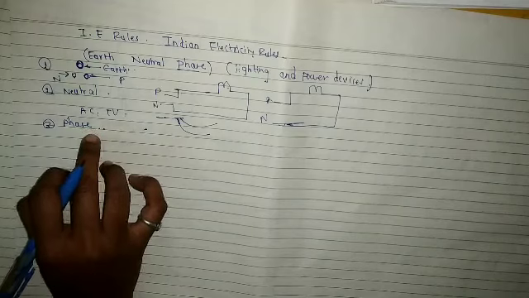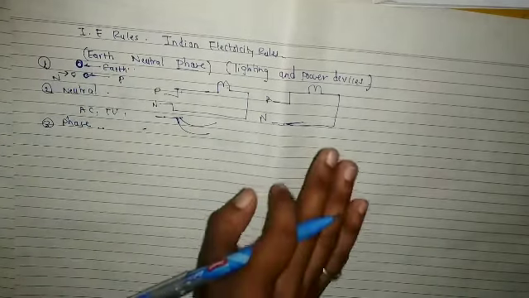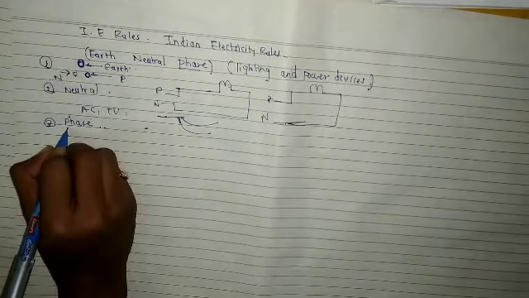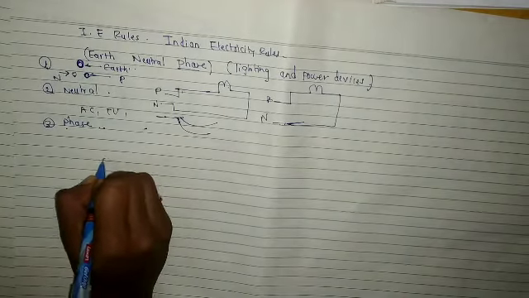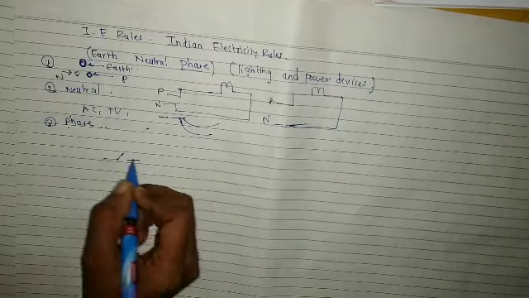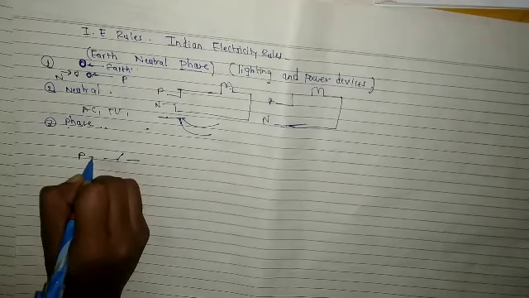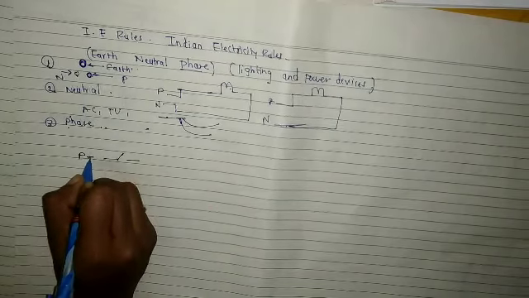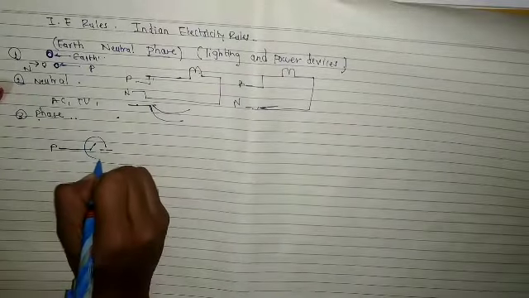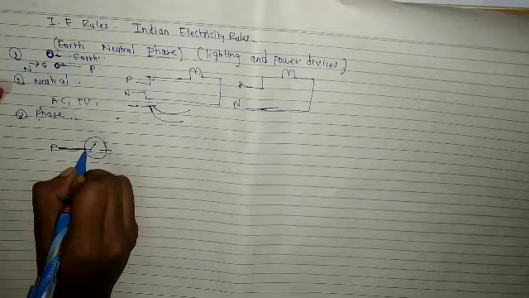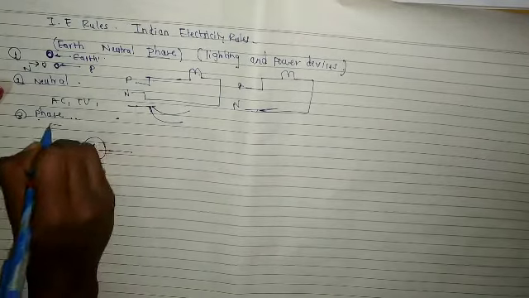Phase has to always go near the switch. Consider this is our switch, and this is the phase wire. I am giving this phase wire to our switch. And this is neutral.